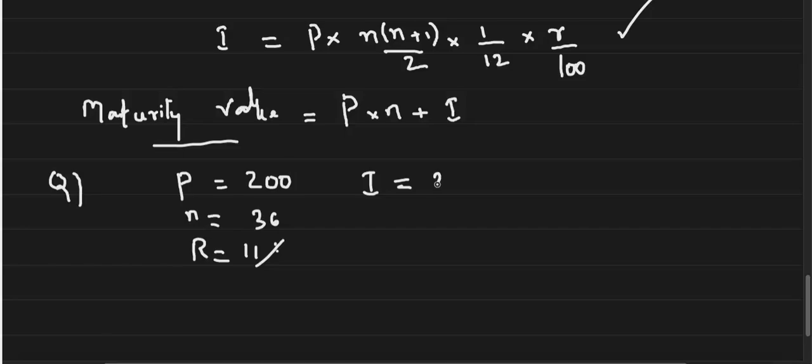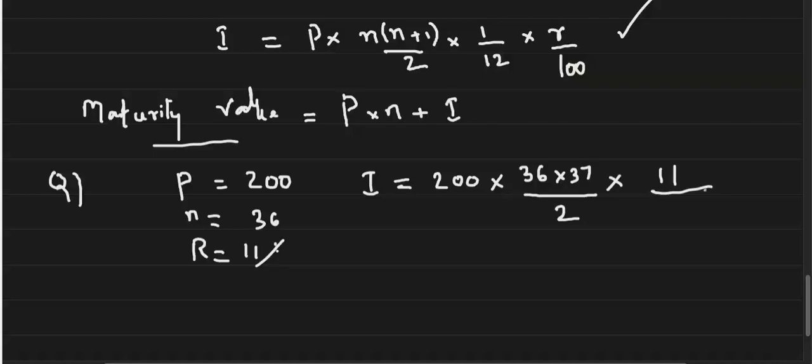So you will write 200 multiplied by n into n plus 1, that is 36 into 37, divided by 2, multiplied by R, which is 11. You can just divide by 1200. These two zeros can be cancelled. 2 and 2 get cancelled.